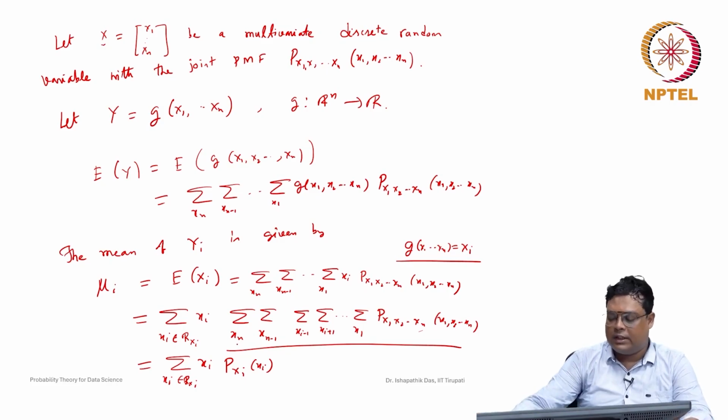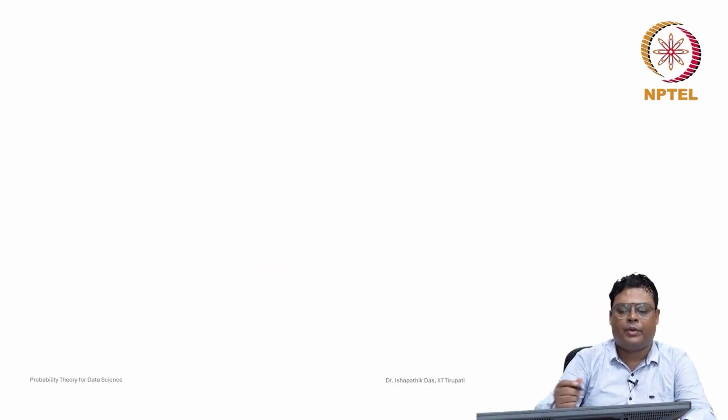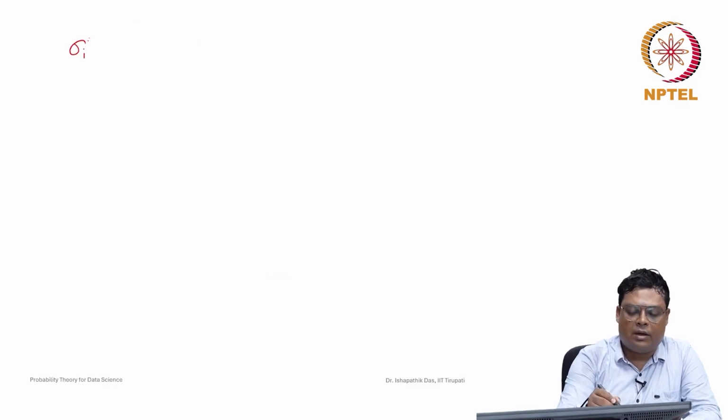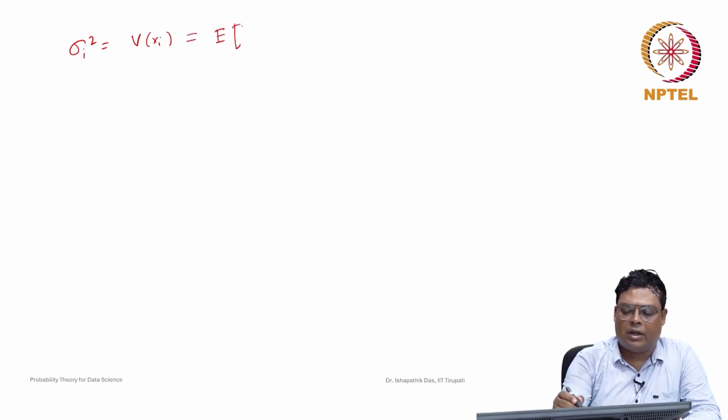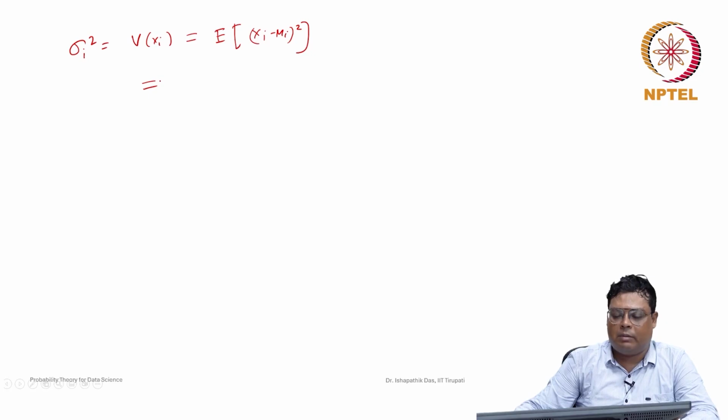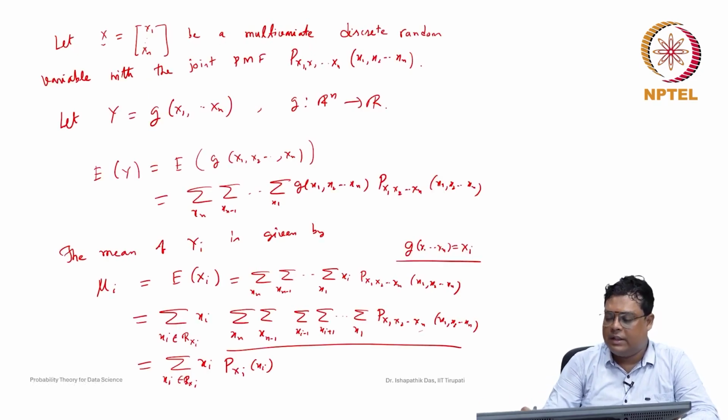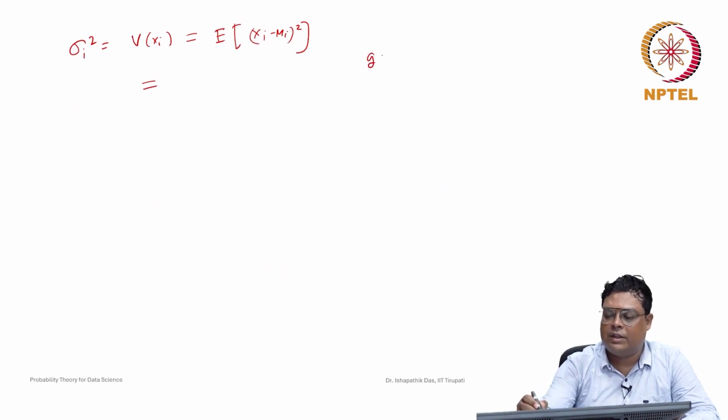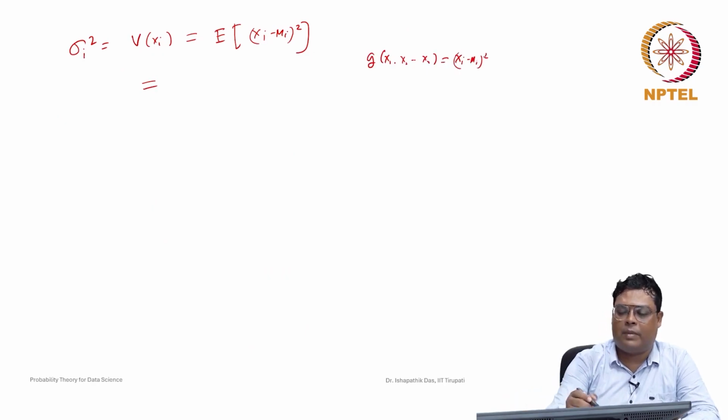Now similarly we can find the variance also. So the variance sigma square is the variance of xi. For the variance of xi, we need this definition, you can remember: the expected value of xi minus mu i whole square. Now how can we find this expected value? If you consider g of x1, x2, xn in this general formula as xi minus mu i whole square, then you can find the formula there.